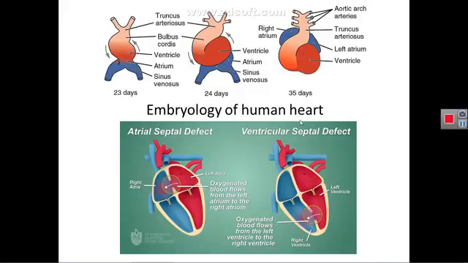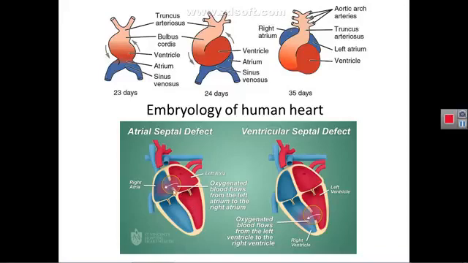Of course, due to the principle that ontogeny recapitulates phylogeny, which I just mentioned, we may see deviation from normal ontogeny.